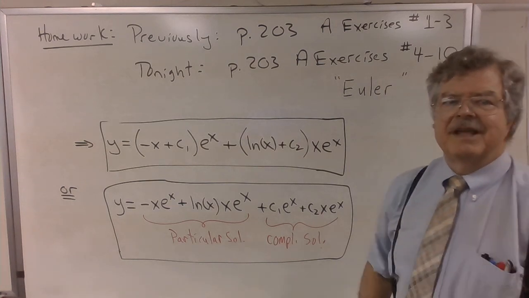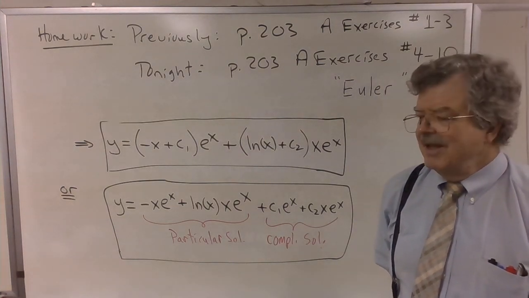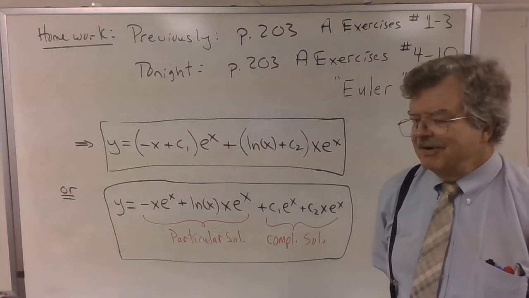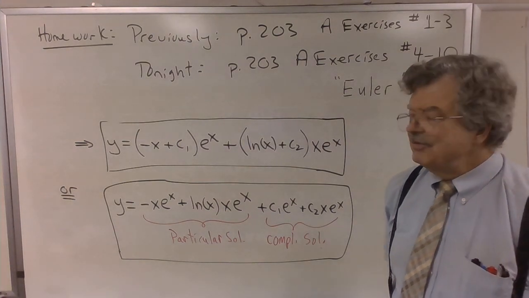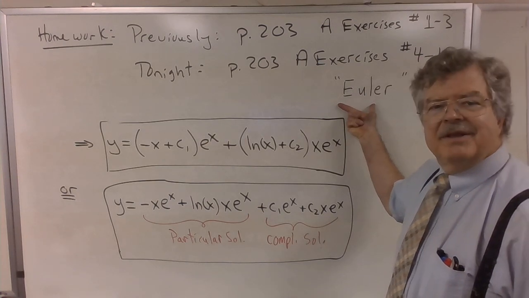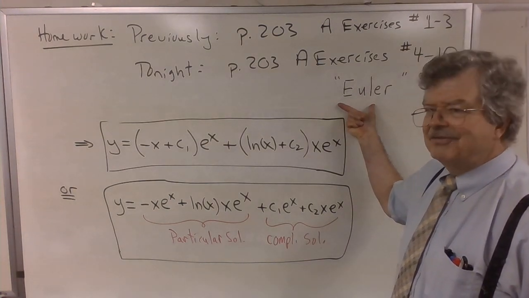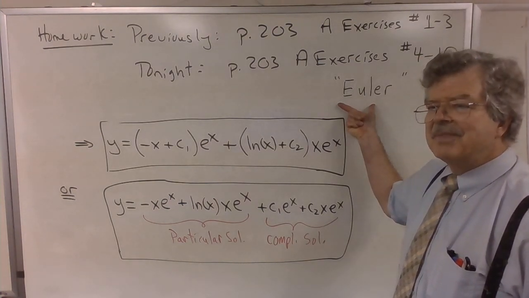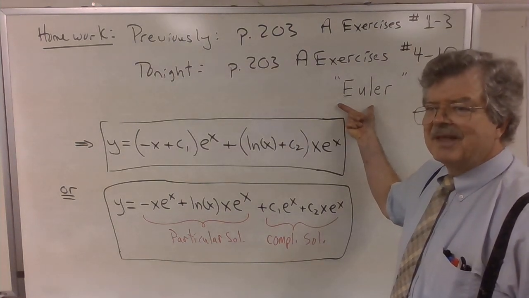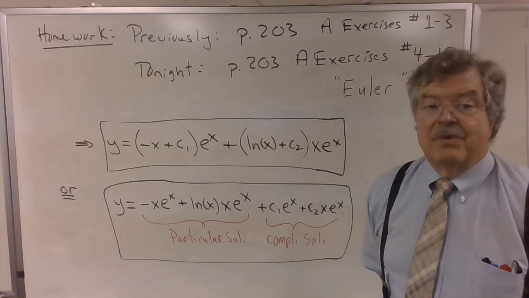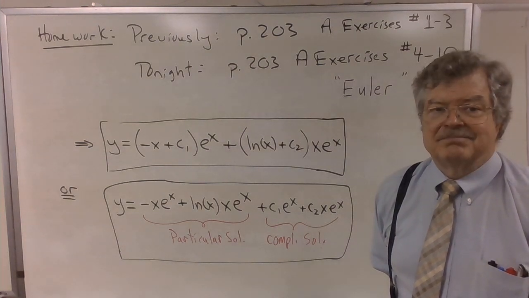As Americans, I guess we pronounce it Euler. I never studied French very much, and I'm not a French citizen. I'm sure they would shake their heads in disgust if they heard me pronounce this name. But as Americans, we say Euler. Our next topic is Euler Equations.